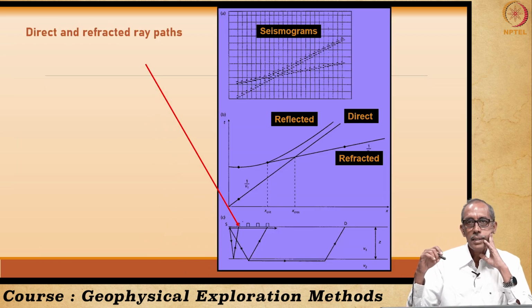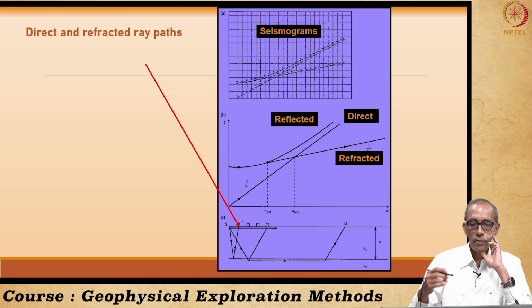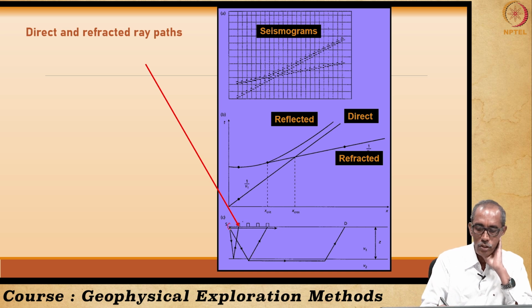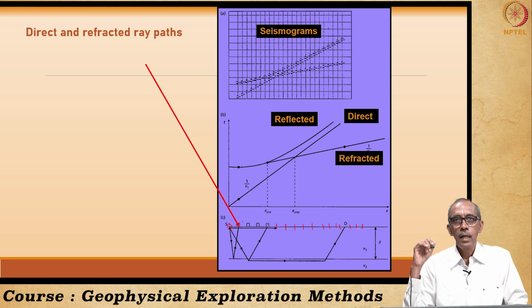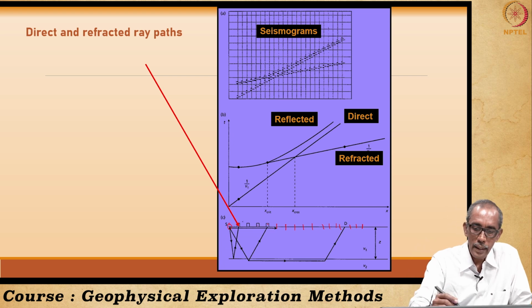Now, let us take an example in which there is a shot point, and all of them are geophones. Geophones are arranged at the surface as you see here, right, and corresponding records are indicated here in the seismogram, right.